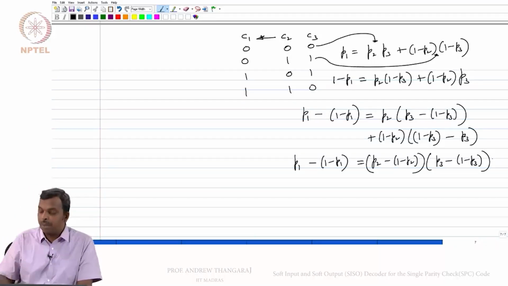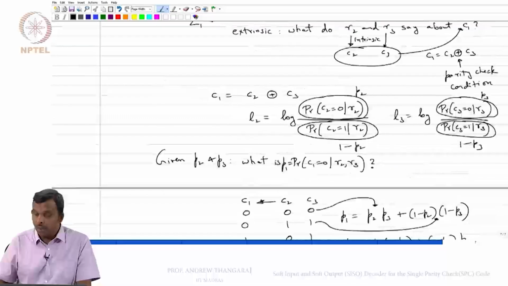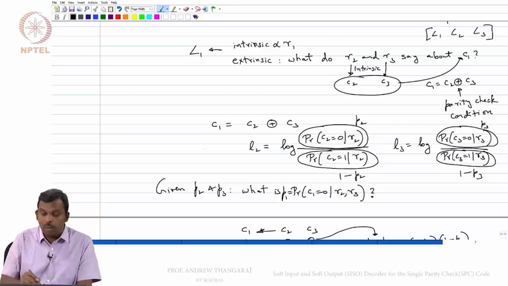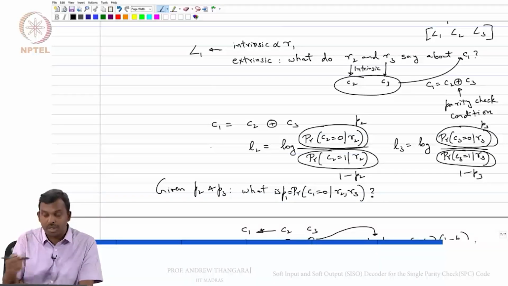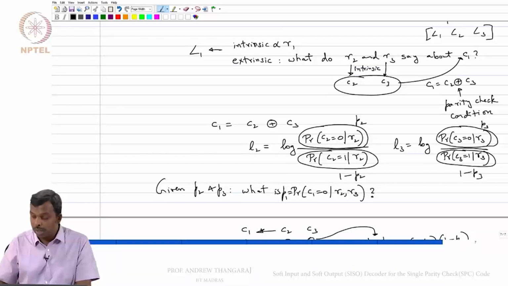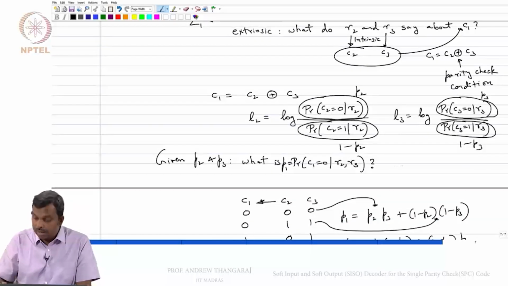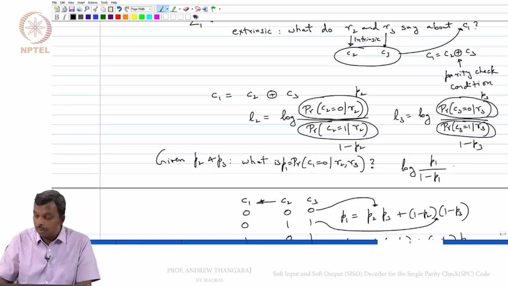So, what people do, remember I want to go from L2 and L3 to L1. That is, from L2 and L3 to the extrinsic information about P1. So, actually what I am interested in is the computation of log P1 by 1 minus P1. This is the extrinsic information, extrinsic LLR, right.